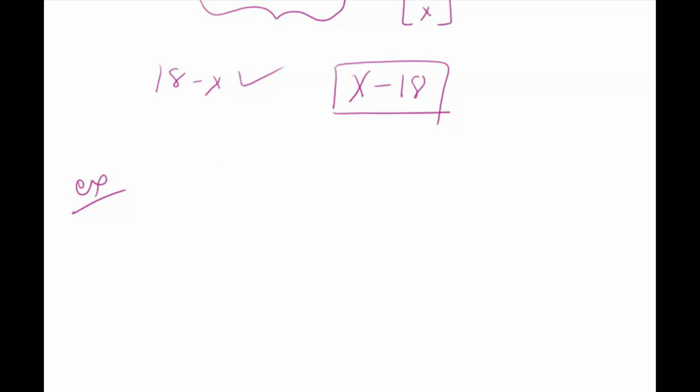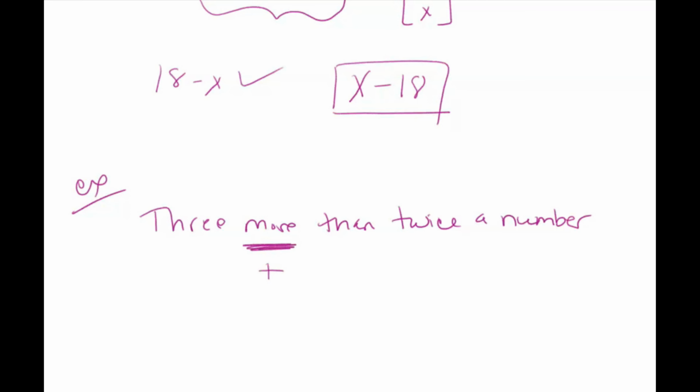All right, let's do another one like that. What if we had something like 3 more than twice a number? Okay, so a couple of words we need to highlight here. 3 more. So we see more and we know that more represents addition. And then we haven't seen this yet. What if we have twice a number? Well, it's going to be 2 times that number.